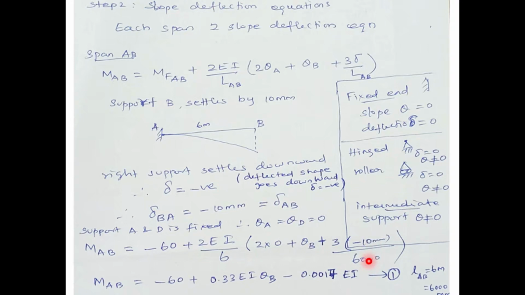So we have to convert to mm. 1 meter is 1000 mm. Therefore, 6 meter is equal to 6,000 mm. Substitute that, we'll get the equation MAB is equal to minus 60 plus 0.33 EI theta B minus 0.0017 EI. This is your first equation. Now for MBA.